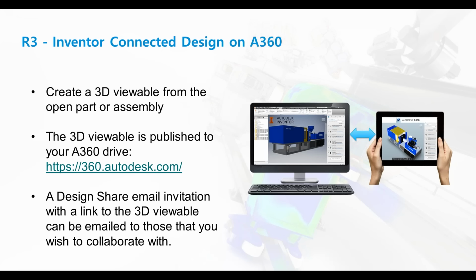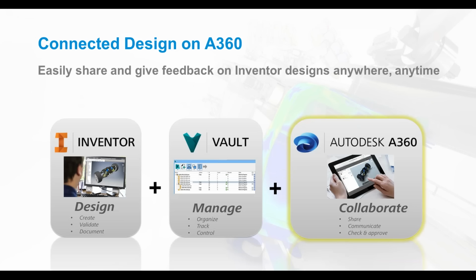This allows you to create a very rapid 3D model. This way, you don't have to create a 3D PDF and email it to a bunch of people. It's very dynamic, very fast. You can create it in Inventor, you can even manage it in Vault, and your Design Share doesn't affect anything that is in Vault, which is pretty handy.